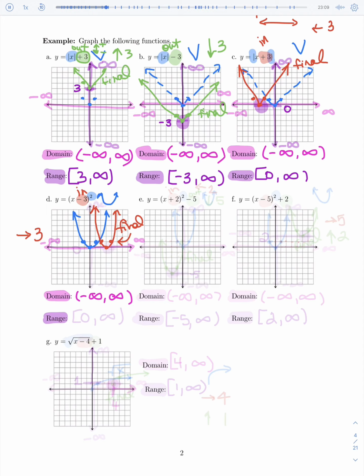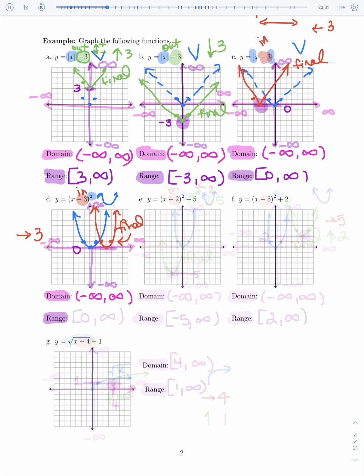However, our range is a little bit different. Our range will start out at the bottom at negative infinity and work our way up to positive infinity. But what we'll notice, working our way up, is that our graph doesn't even start until the middle here at 0.